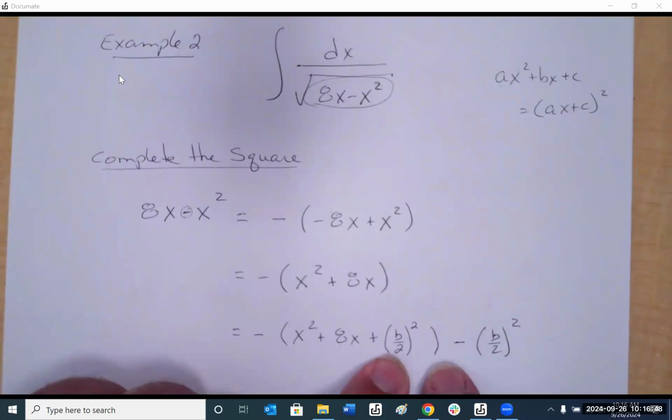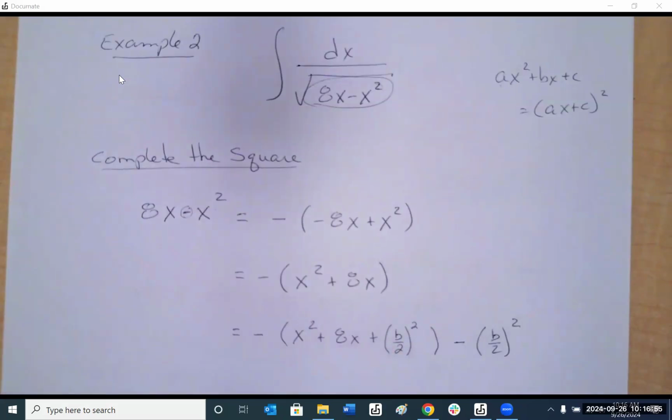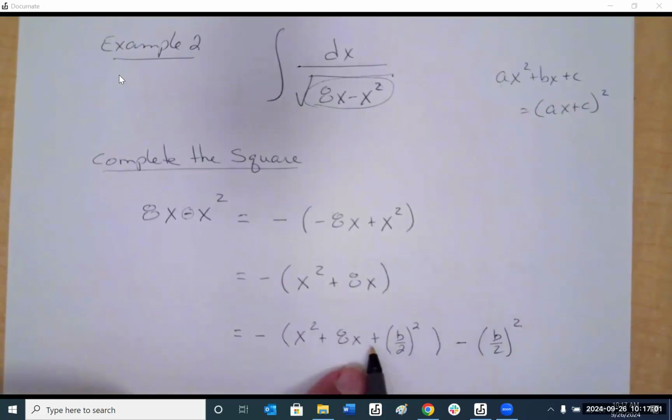Whatever we add here, we have to cancel it also, because we can't change the equation, we're just changing the way it looks. So since I added b over 2 squared, I also have to subtract b over 2 squared.